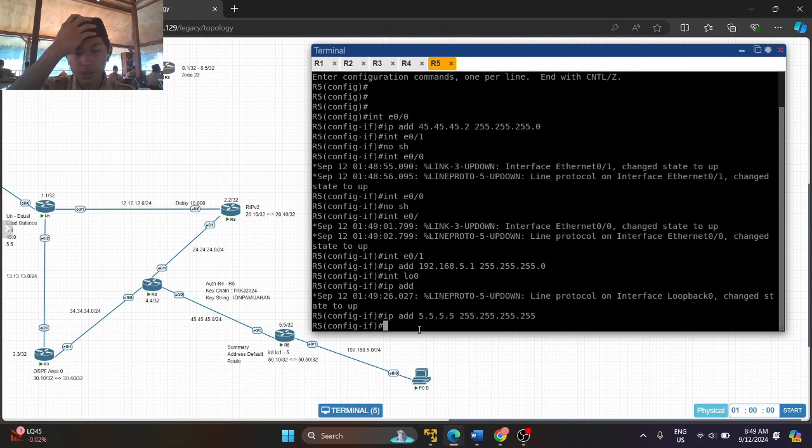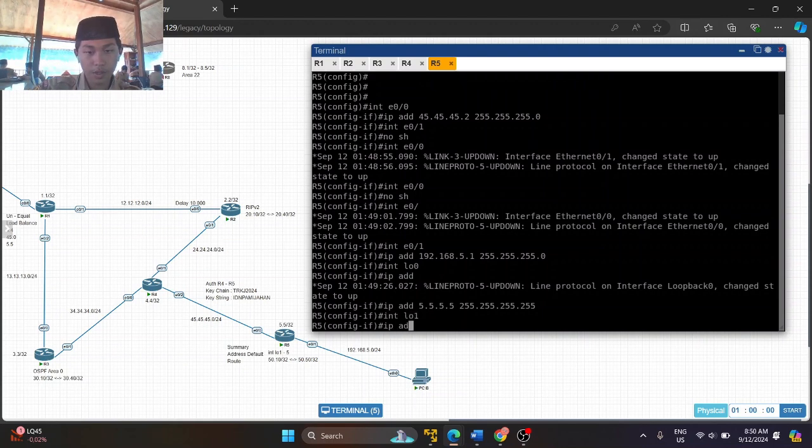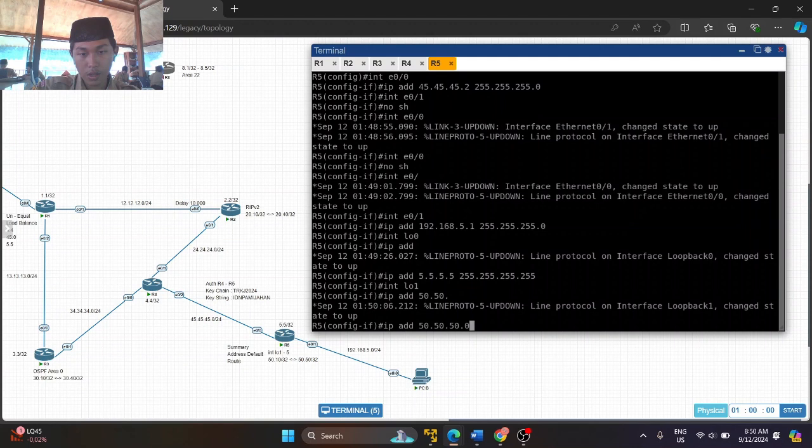Interface loopback 1 IP address 50.50.10.10 prefix /32.